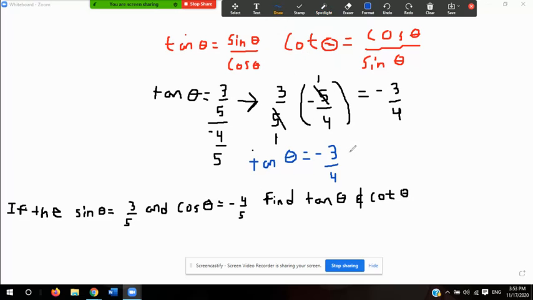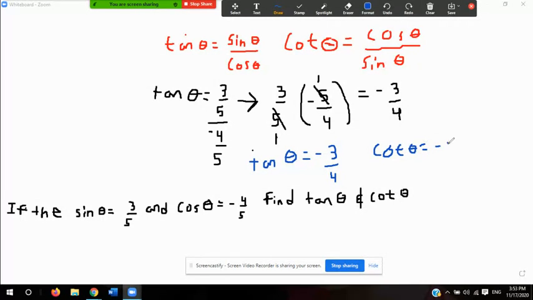So if my tangent is negative 3/4, then the cotangent of theta is actually the opposite, which would be negative 4/3. So we simply take our answer for the tangent of theta and just invert it into negative 4/3.